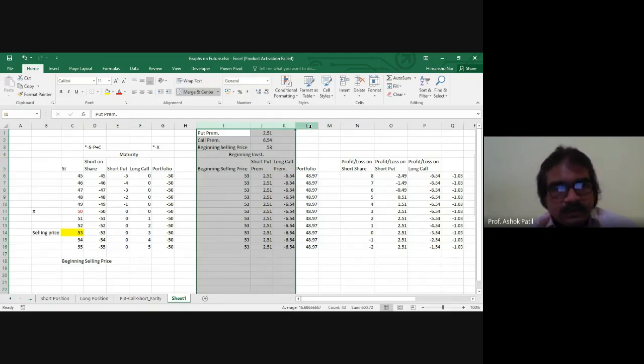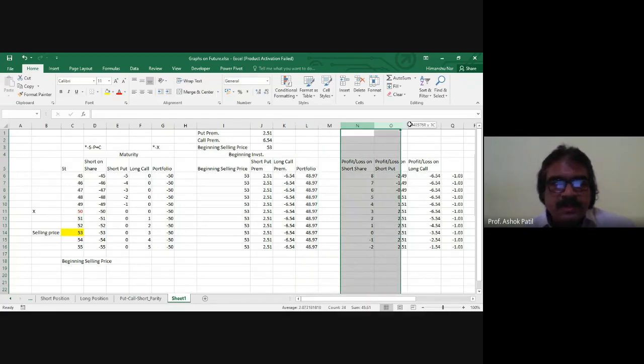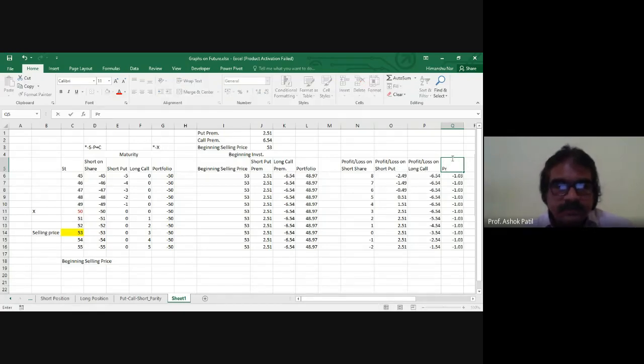So my HL column is telling me how much is my total investment at the beginning of the period, and NOP is telling me what is my profit and loss on individual products. Like what is my profit and loss on share, on put, on call, and Q column is telling me how much is my profit and loss on the portfolio. So you write portfolio over there, profit and loss portfolio.